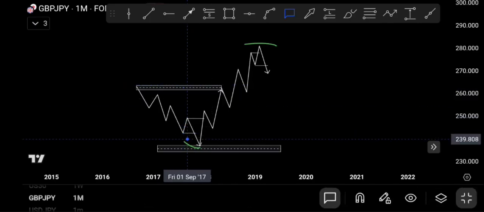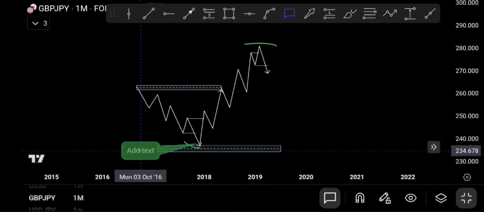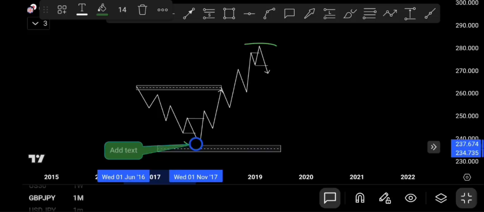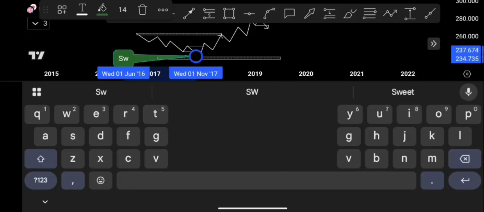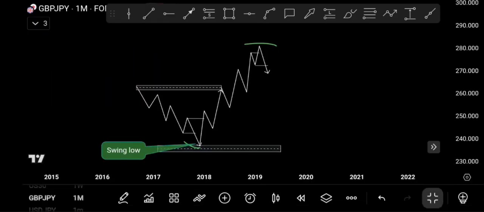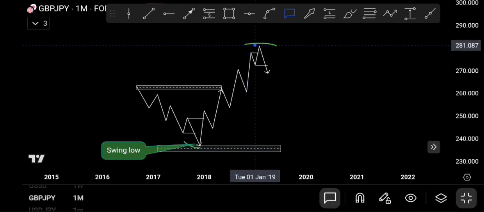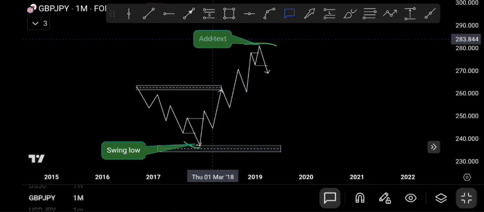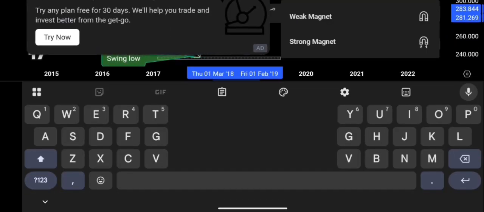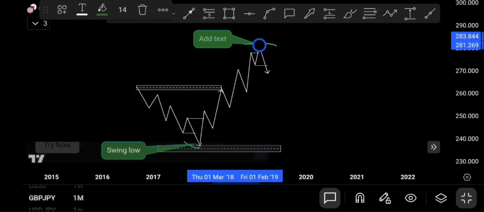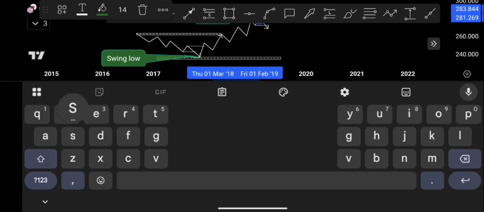From this point here now becomes our swing low. And this point here becomes our swing high. This here becomes our swing high.